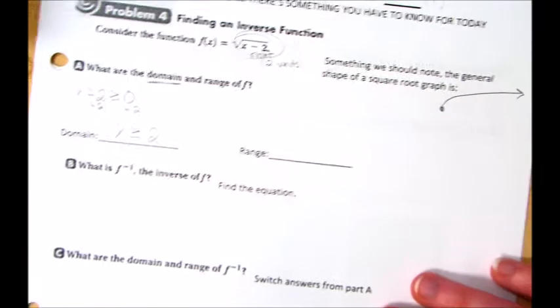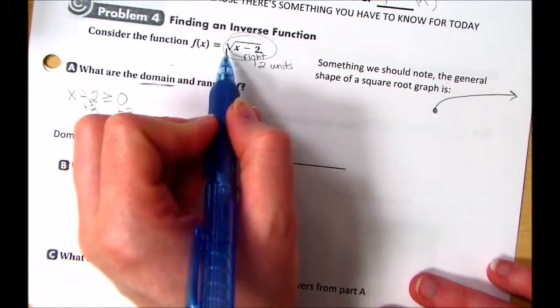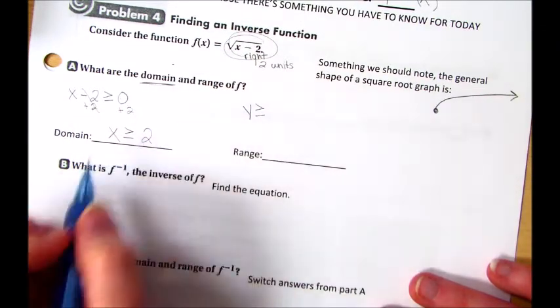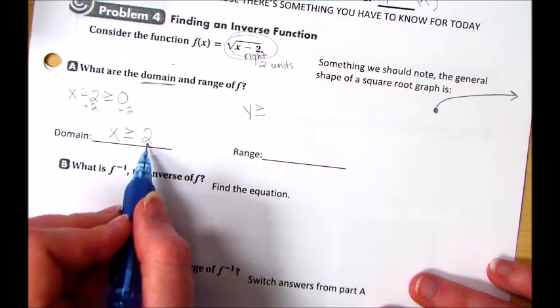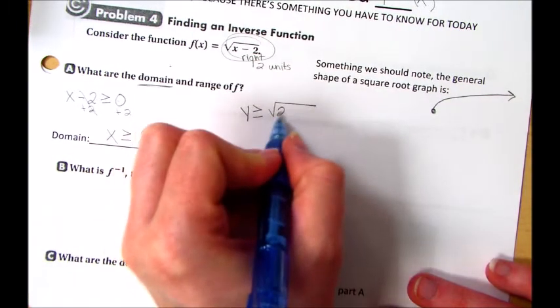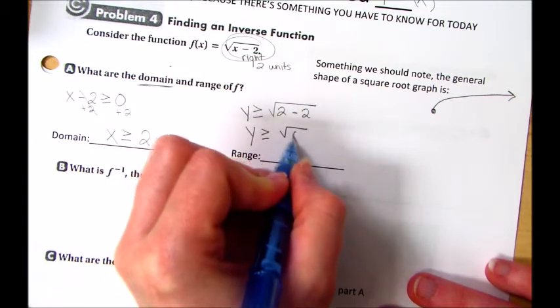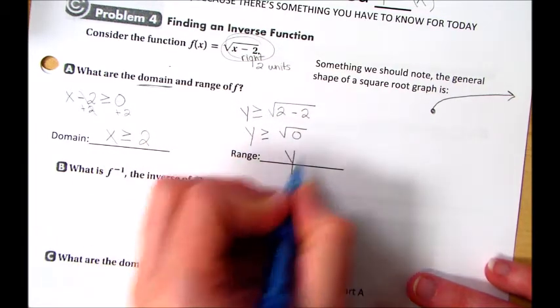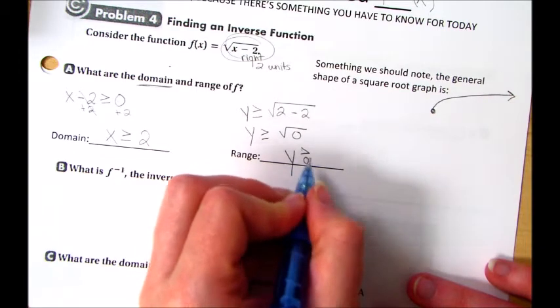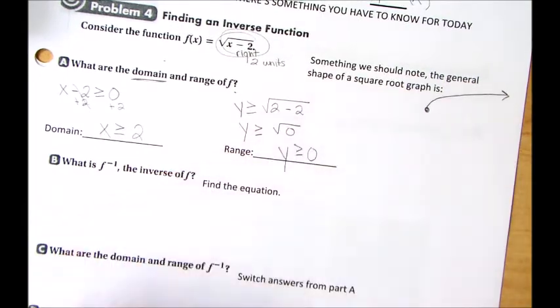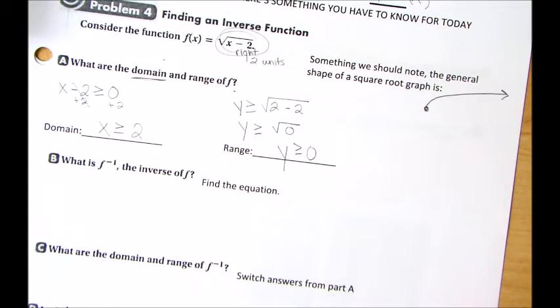Now it's time for the range. Because this is a positive equation, y is going to be greater than or equal to whatever we get when we plug in 2. So we're going to do the square root of 2 minus 2. So that means y is greater than or equal to the square root of 0. So that means the range is greater than or equal to 0. Okay?